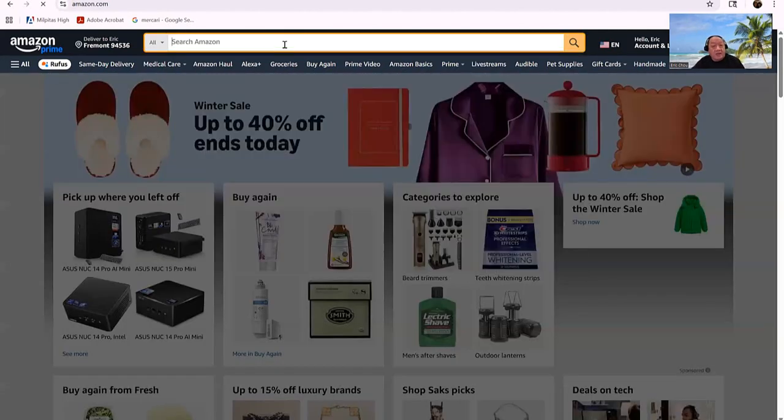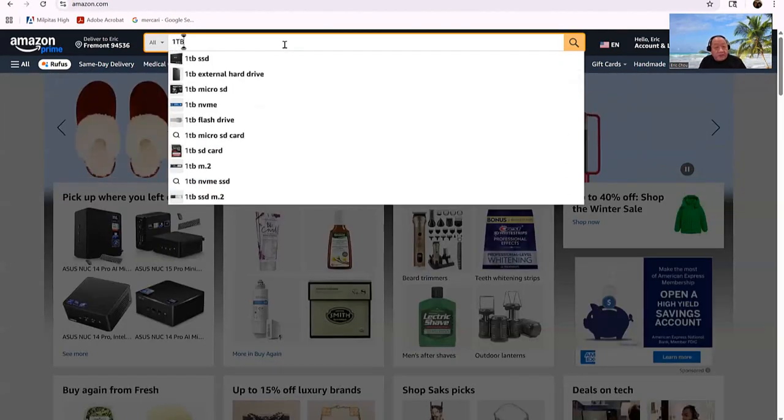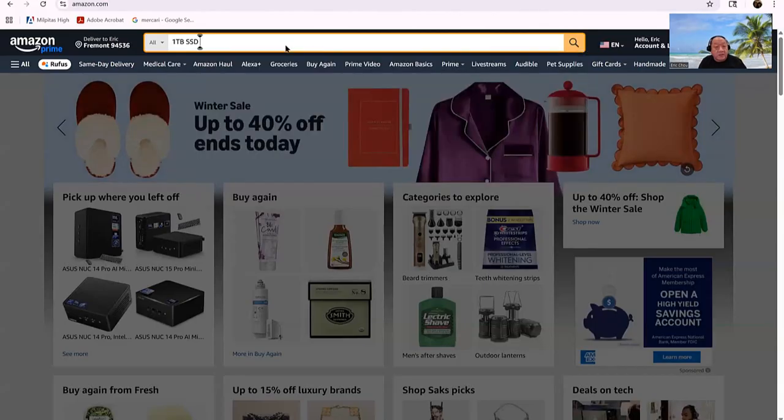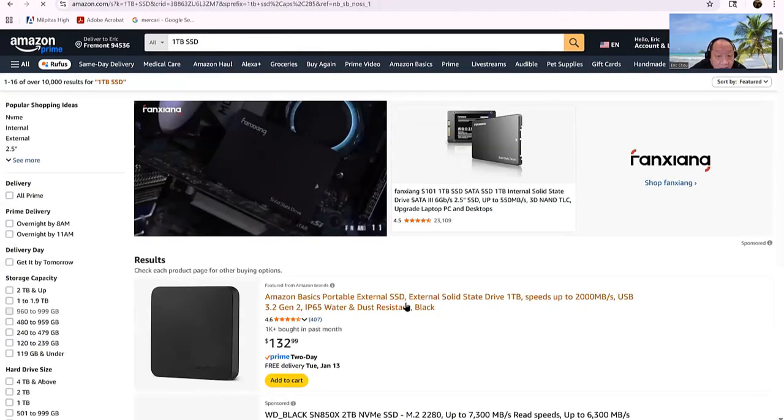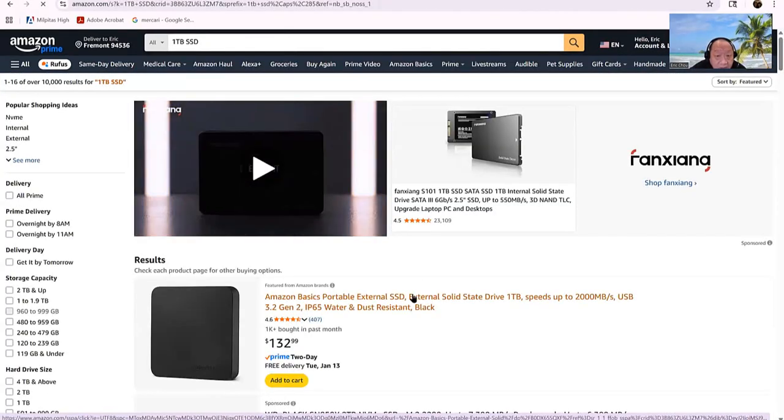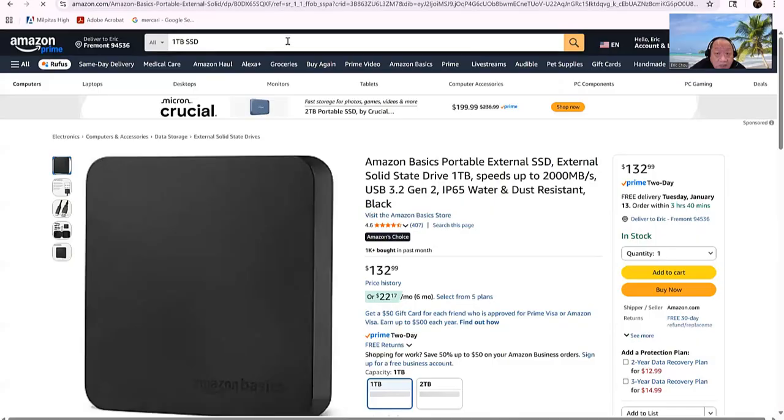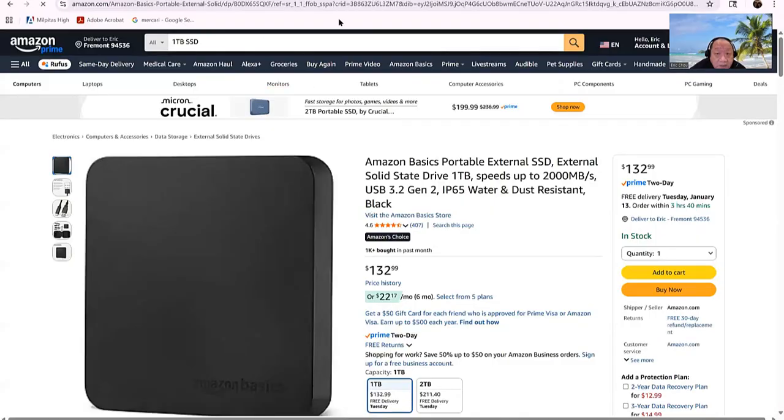If I want 1 terabyte SSD, solid state hard drive, here you will see 1 terabyte. 1 terabyte means 1 times 10 to the power 12 bytes.